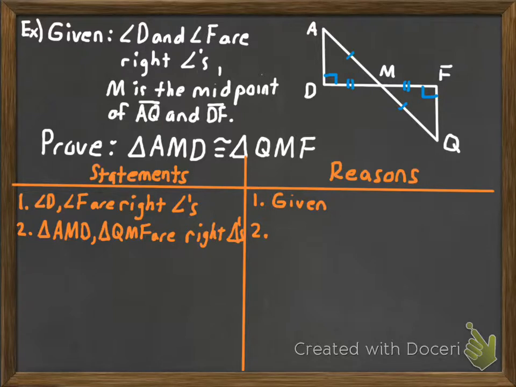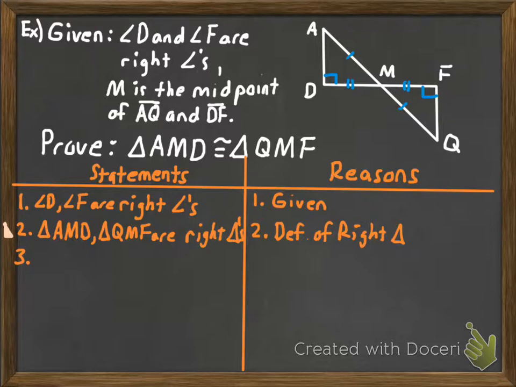There's our conclusion that the two triangles are right triangles based on the definition of a right triangle, that they have right angles. So that takes care of the right triangle portion of our little checklist that we use for the HL congruence theorem.